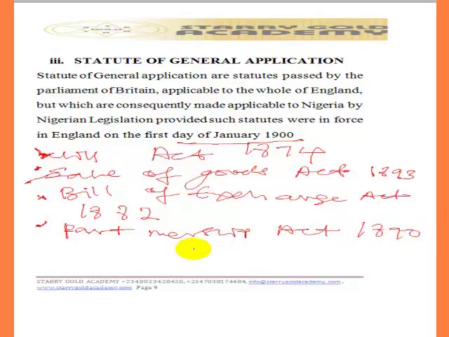So we have the Infant Relief Act of 1874. So these are examples of statutes of general application. They were passed by the Parliament of Britain, and they were brought into Nigeria to be administered, or to be made use of by courts in Nigeria.